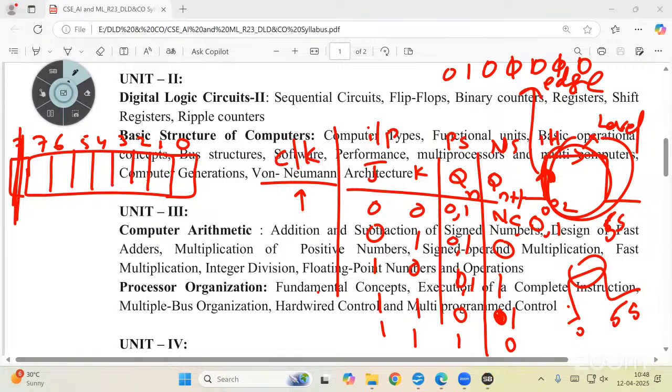The minimum number is 0, 0, 0, 0, 0, 0, 0, 0. What is the maximum data? All ones. So the maximum value is 1, 1, 1, 1, 1, 1, 1, 1.